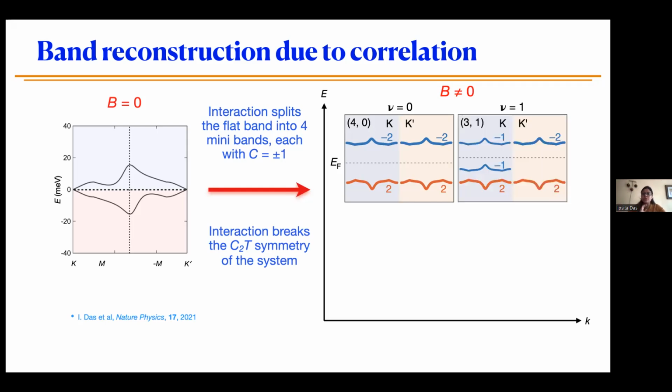But then if I try to fill my band slowly, so nu equals 1 means I filled my band by 1 electron per unit cell, okay? Then I tuned my Fermi energy a little bit, and I filled one blue band, which has now Chern number -1. So these two bands have split again, and I have a total Chern number of +3.